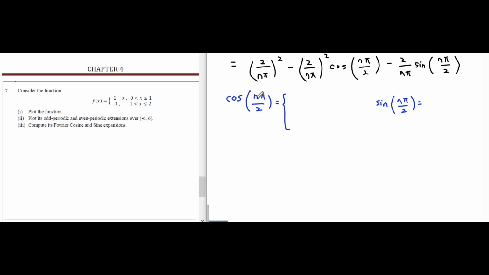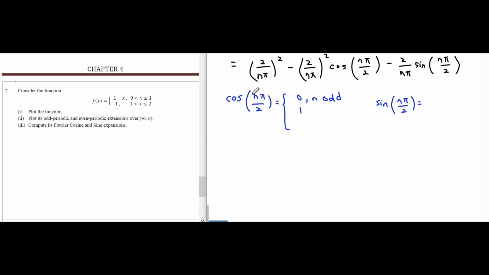When n takes the number 3, cos 3 pi over 2 is also 0. So it is 0 when n is odd. And when n is even, there are two possibilities. If we take a multiple of 4, when n equals 4, cos 2 pi gives the value of positive 1.